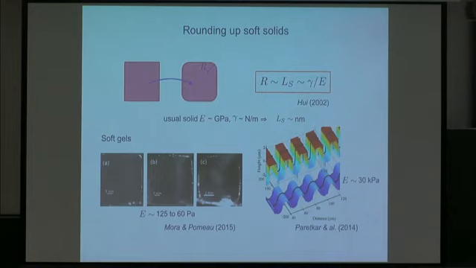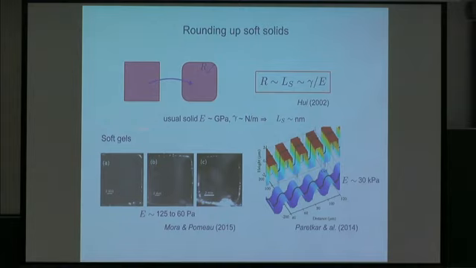For a long time it was more of a curiosity, because if you put numbers for a standard solid, with a Young modulus on the order of gigapascals and a surface tension of about newtons per meter, you end up with a length scale of about nanometers, so it's very, very small.